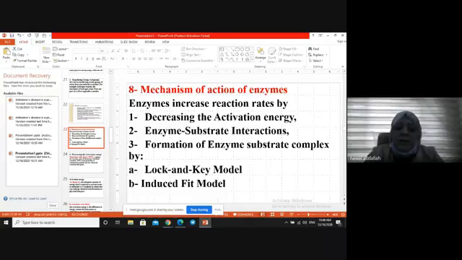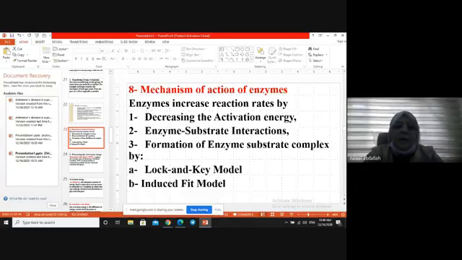Number one, by decreasing the activation energy. Number two, by forming the enzyme-substrate interaction, by forming the enzyme-substrate complex.